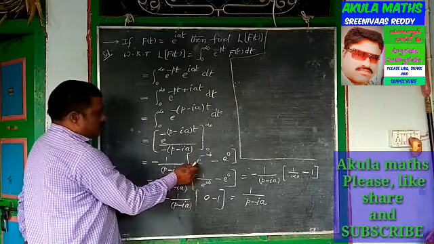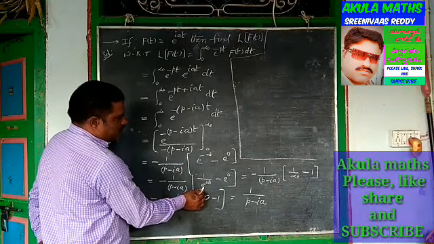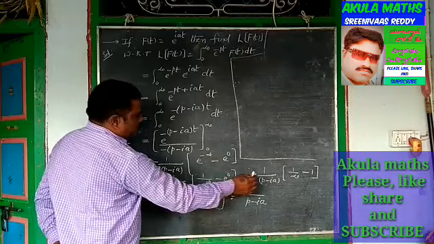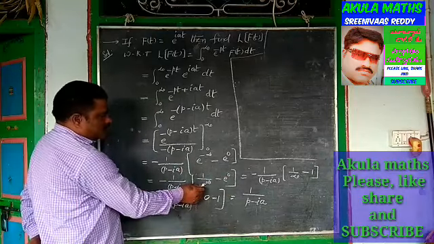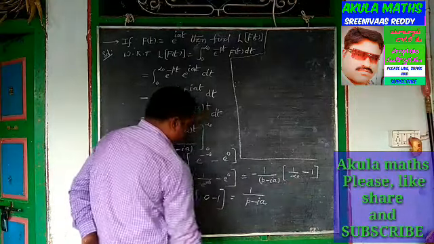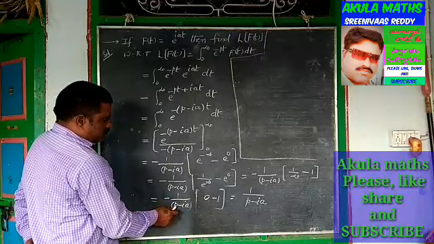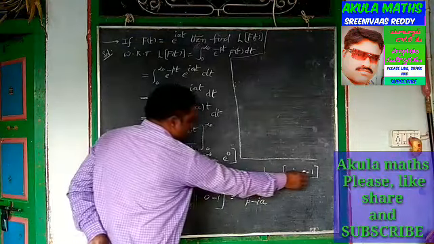So already we know that e power minus infinity means 1 by e power infinity. E power 0 means 1. So 1 by e power infinity. So e power infinity is infinity. E power 0 is 1. So minus 1 by p minus ia into 1 by infinity is 0 minus 1.